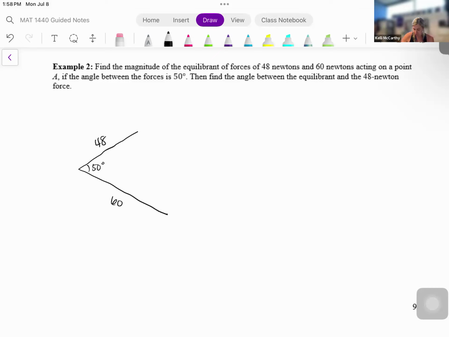Now, after sketching our two vectors, those two forces, we're going to complete our parallelogram so that we can see the resultant. And because what we're looking for is the equilibrant of that resultant, let's complete our parallelogram. Sometimes it helps if you actually turn your page so that you can draw those lines a little bit easier.